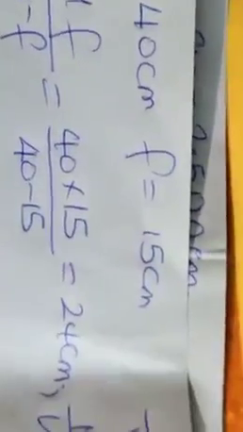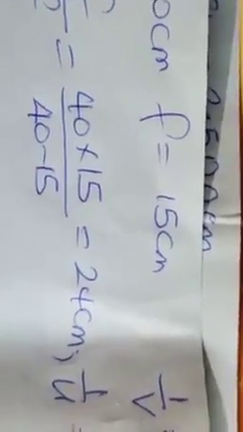For number 3, the object distance we're working with is 40 cm, that is 40.00. So let's go to the calculation of image distance when U is 40. When U is 40 cm, focal length remains the same, 15.